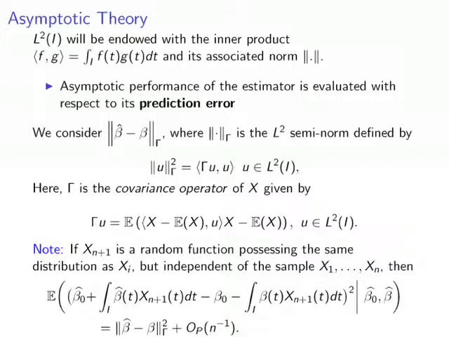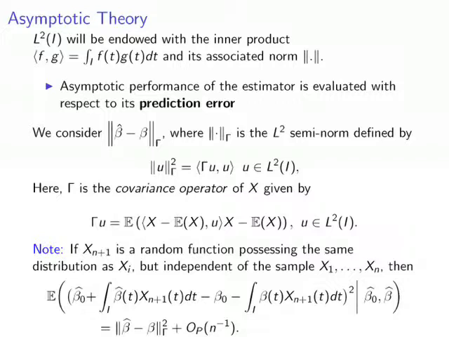That's the prediction error. It is just the difference between beta hat and beta in this norm, squared, plus something which is OP of n to the minus 1. That's the term we consider.